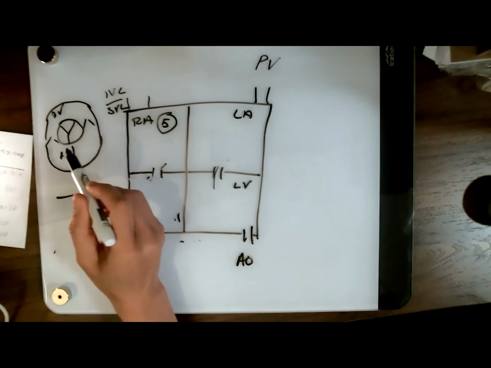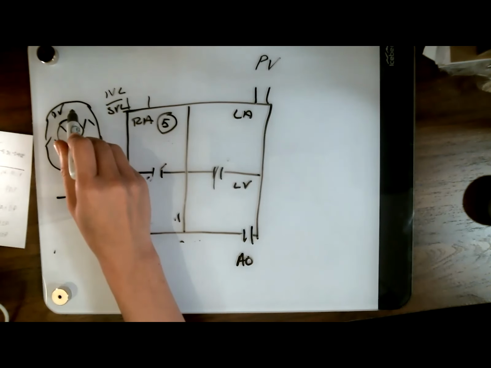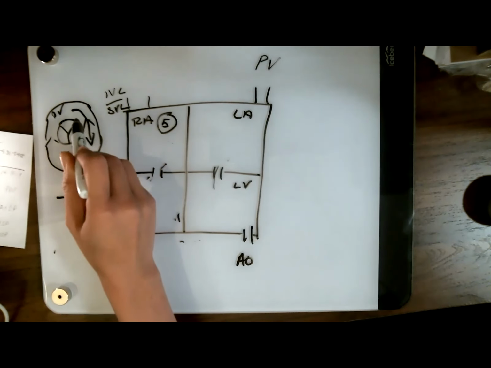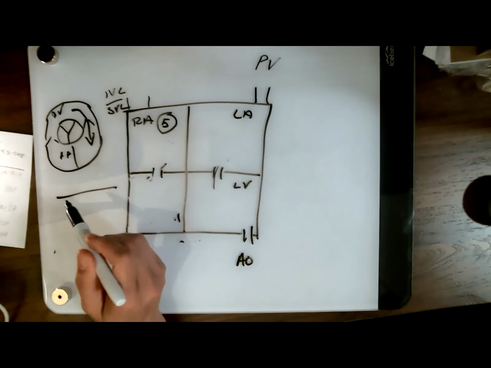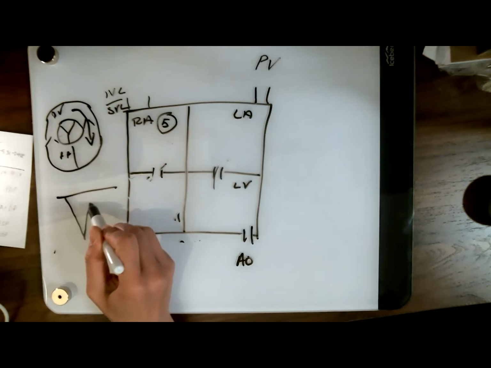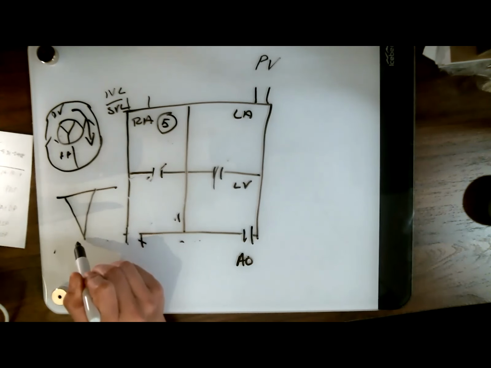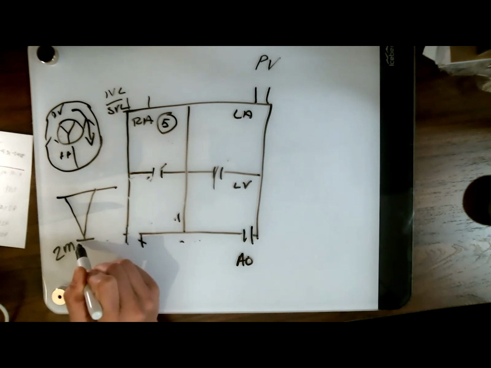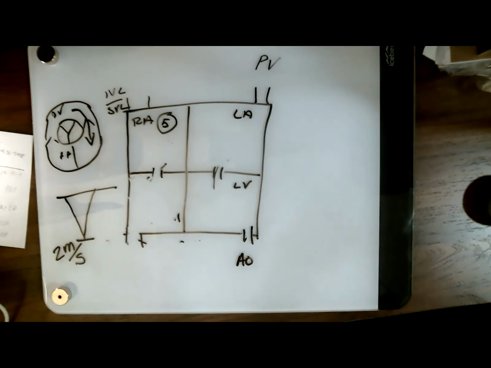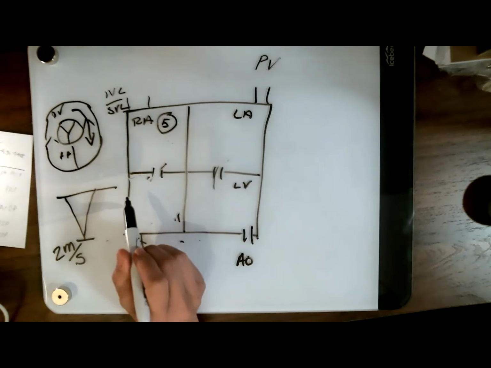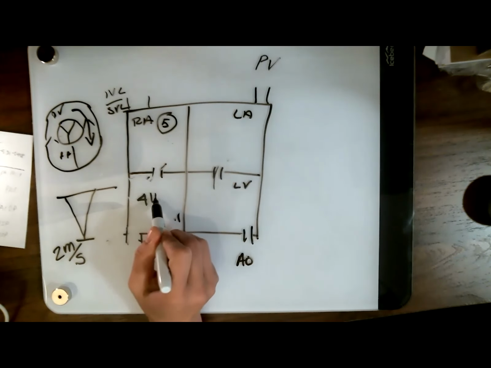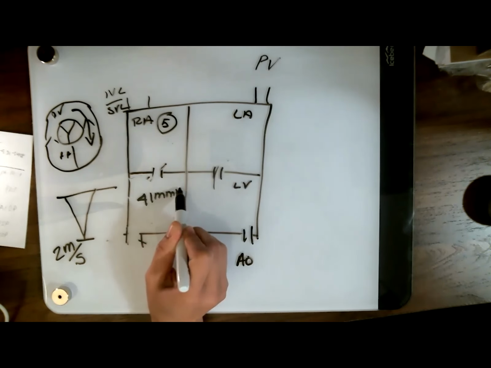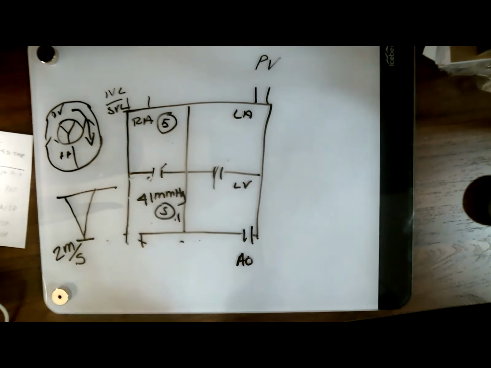Now you Doppler with CW across the pulmonic valve, and instead of your nice 100 centimeters per second, you are getting about 200 centimeters per second, or 2 meters per second. And suppose you still have 41 millimeters of mercury in systole.